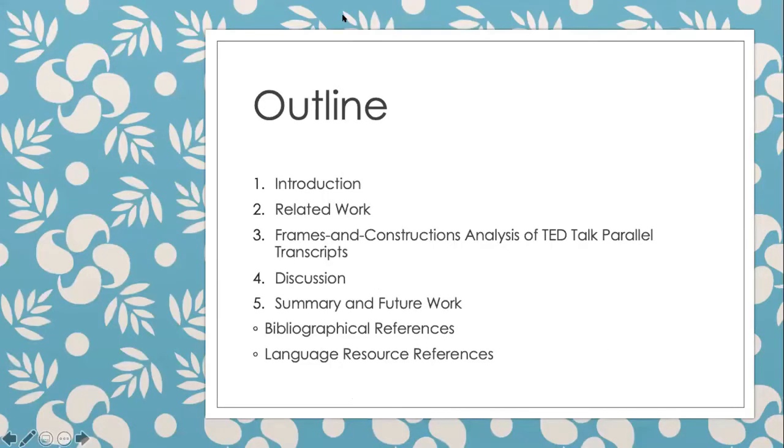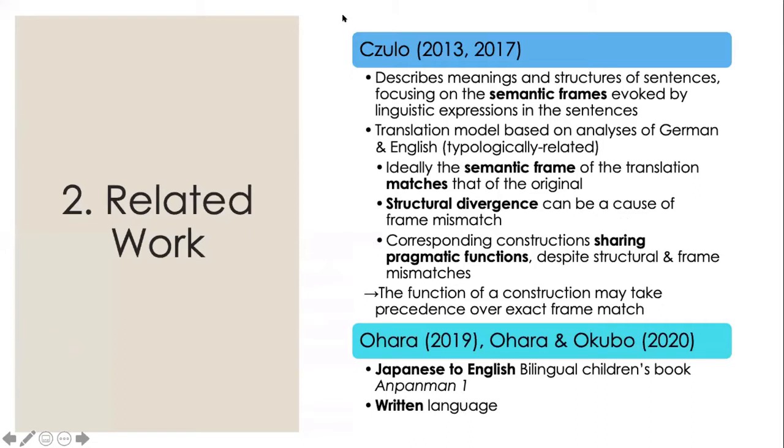And the rest of the talk is organized as shown in this slide. So let me start out by explaining more about this methodology. Czulo hypothesized that ideally the semantic frames of the translation match that of the original.